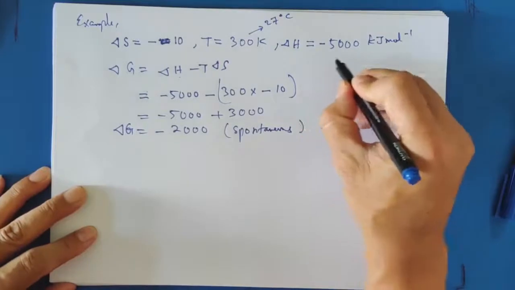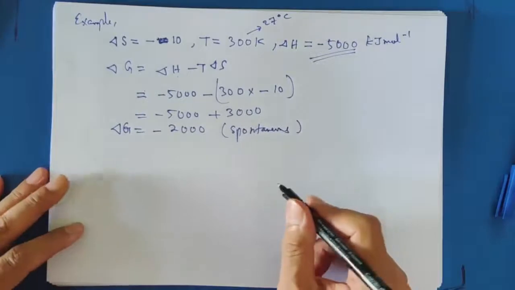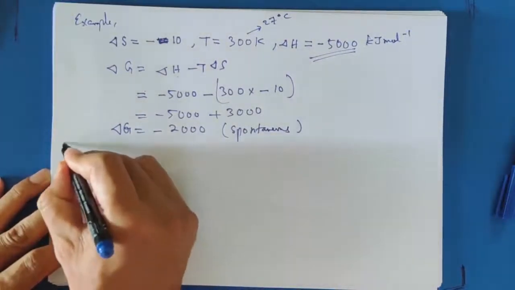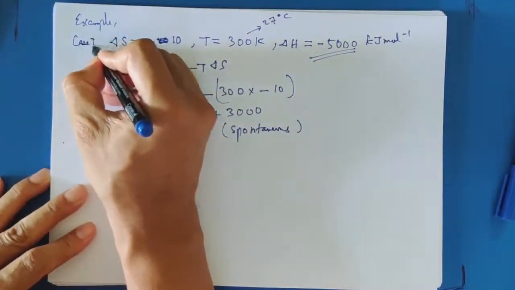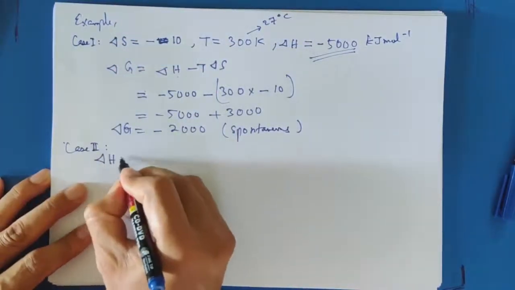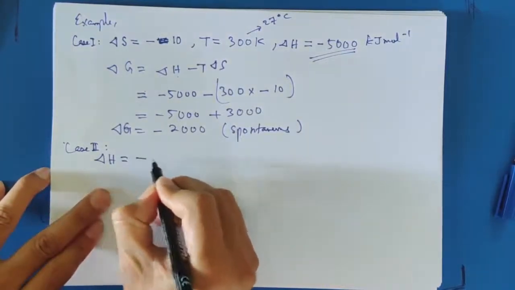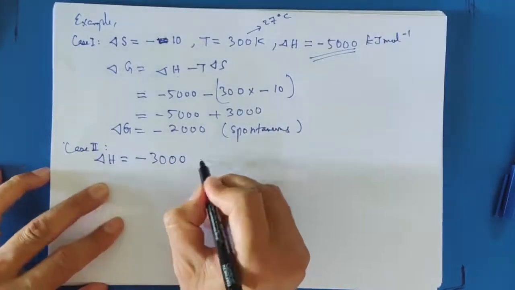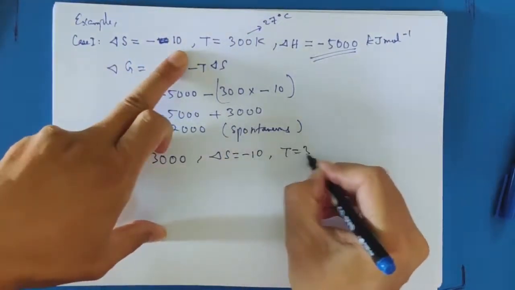Then again, del H has to be okay. Suppose example. Del H. This is case 1. Again, this is case 2. Say you will make del H less negative, which is say suppose 3000.